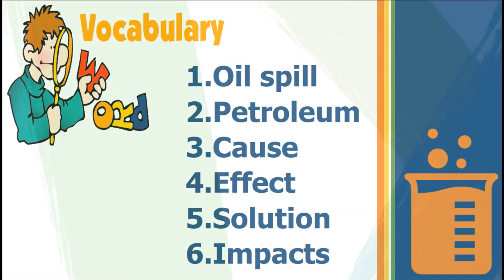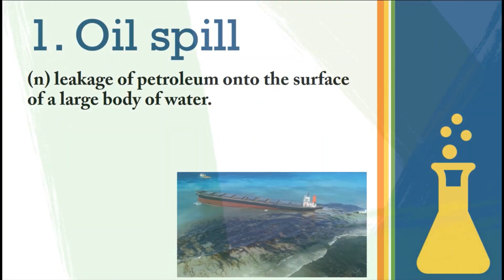Okay, good job for reading all the vocabulary words for today. Now let's study all these words one by one. Number 1. Oil spill. It is a noun that means a leakage of petroleum onto the surface of a large body of water.